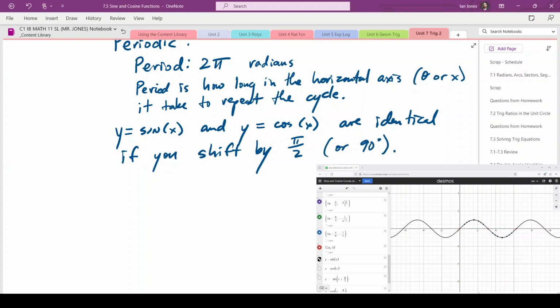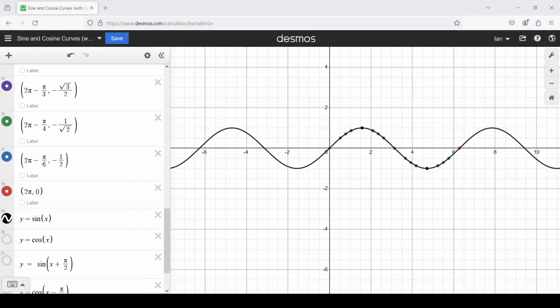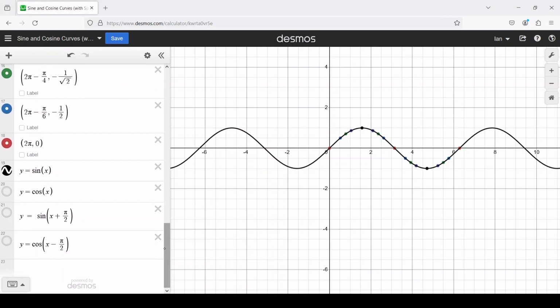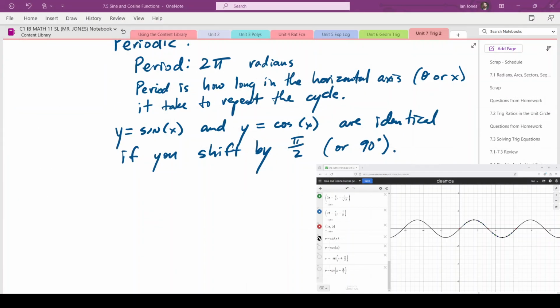Okay? So let's take a look here. If I take this sine curve and look here on the left, number 21, I'm going to apply a transformation. So I have x plus pi over 2. I've got y equals sine of x, that's what's displayed right now.